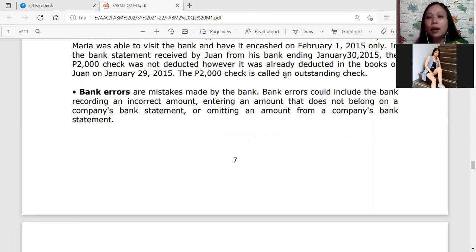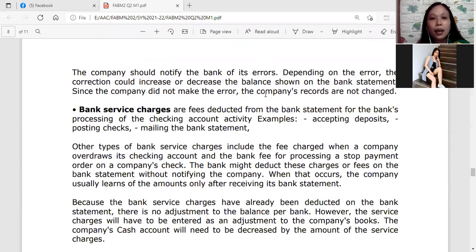If it fell short, then you have to deduct more. You deduct 900 here so it evens out. 100 was deducted, then you add 900, so it becomes the same: 1,000 deducted here, and 1,000 deducted at the bank. Okay? Bank service charges are fees, so it's still a deduction. Fees are deducted. So it is a deduction to your book.